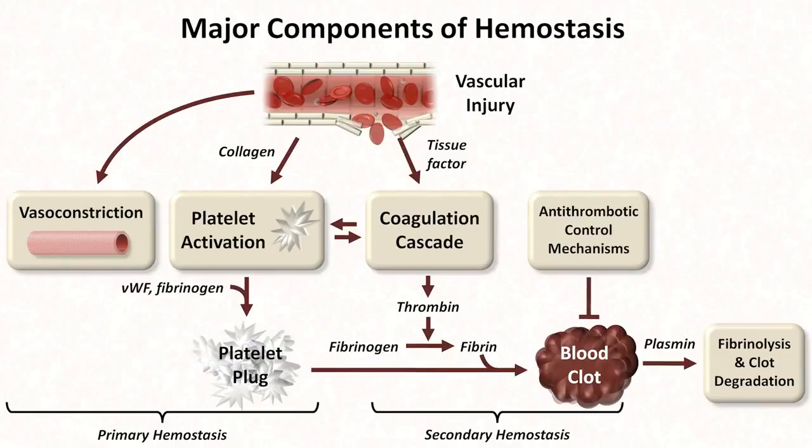There are many critical points at which the platelets and coagulation cascade rely on one another. In addition, there are important antithrombotic control mechanisms which prevent both spontaneous intravascular coagulation as well as runaway coagulation in response to actual injury. And finally, the enzyme plasmin is responsible for cleavage of the fibrin strands and eventual clot degradation.